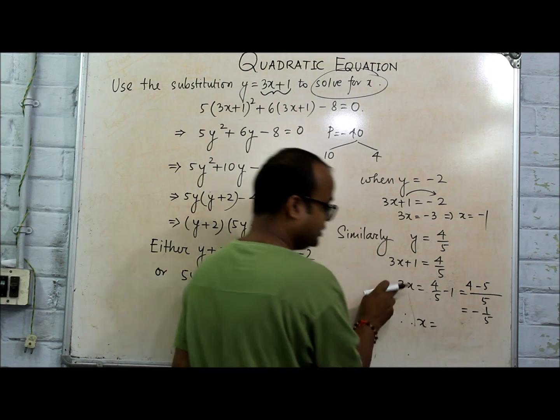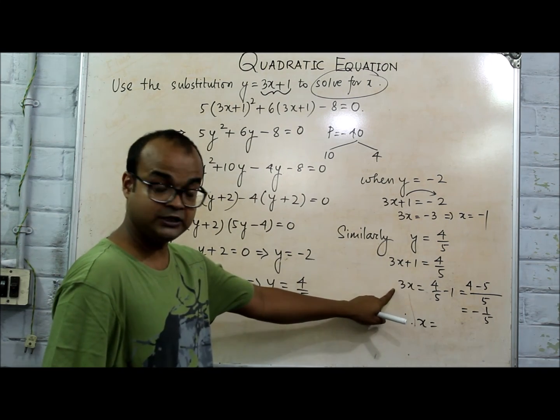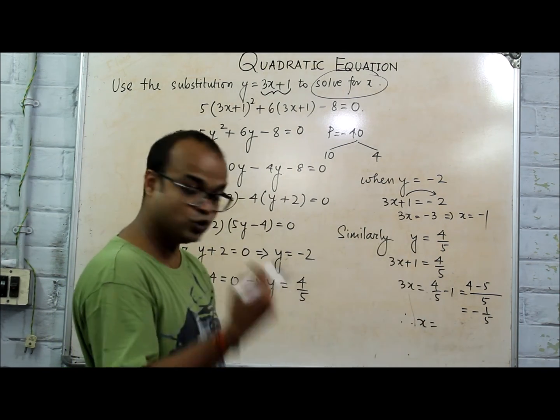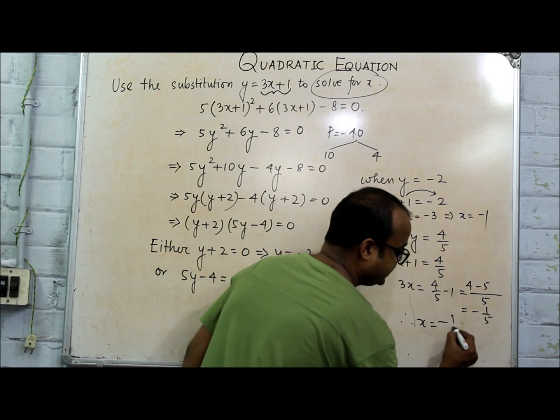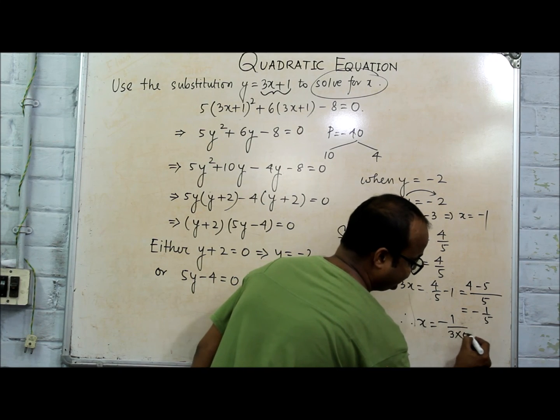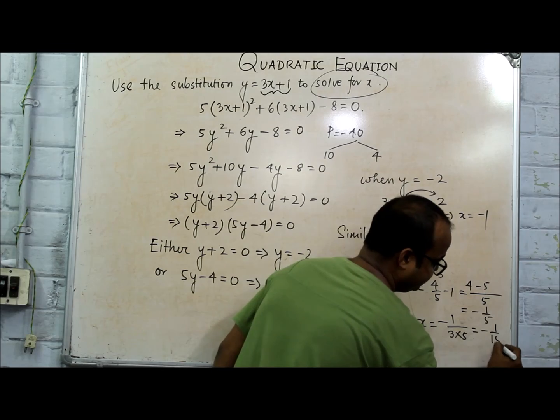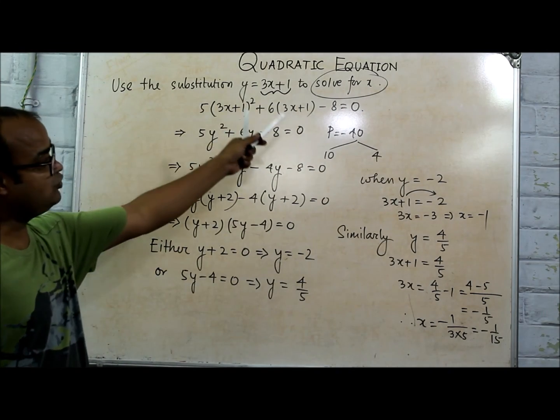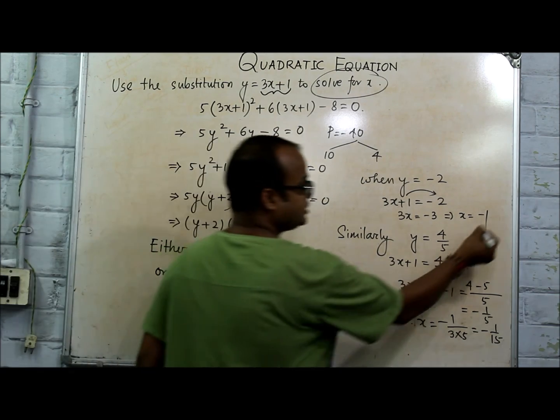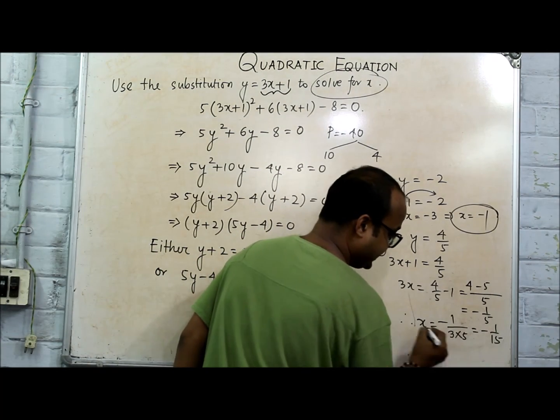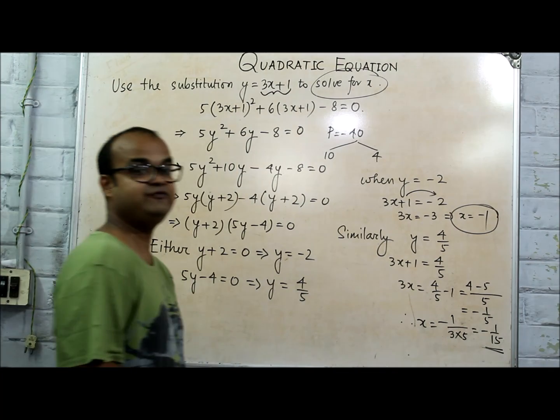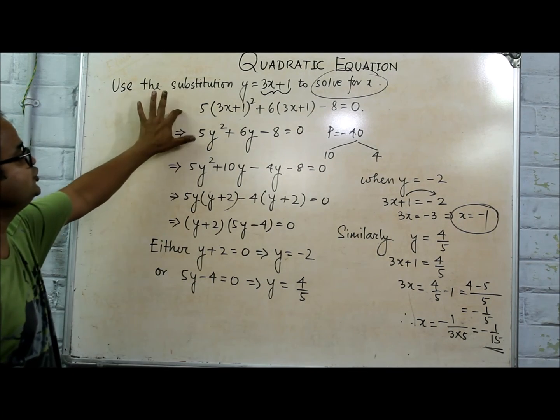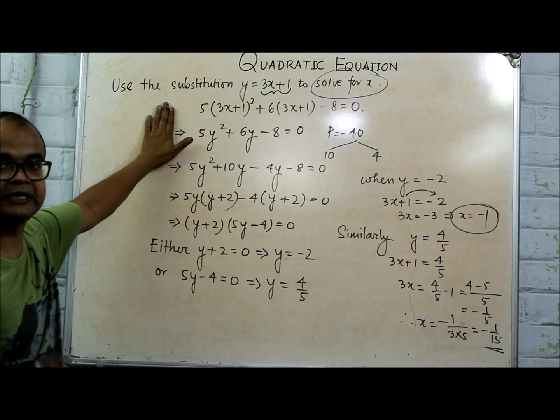Therefore, x is equal to, now 3 is multiplied with x, when it changes the sign it goes to the denominator. So minus 1 by 3 into 5. That is minus 1 by 15. So x is equal to minus 1 and x is equal to minus 1 by 15 are the solutions of the given quadratic equation.